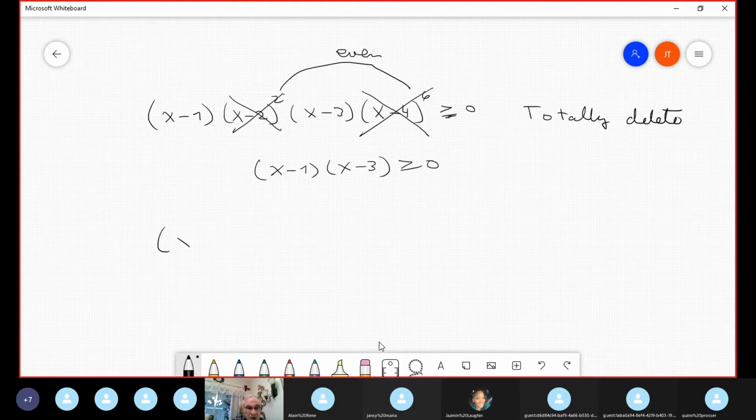How does partial work? Suppose exactly the same problem, the same factors, but now it is greater than, no equal. The only thing I change is the equal sign. So this is partial delete.